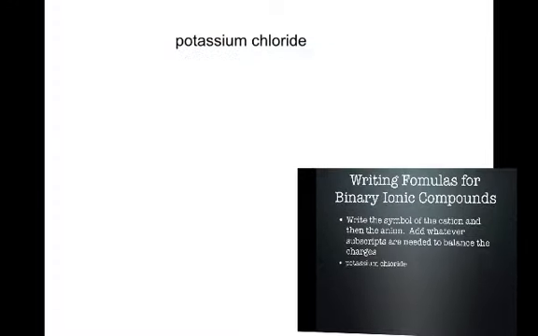If we have potassium chloride, we know that potassium, we can look it up, is K. And chloride is Cl. What we need to do is figure out the charge on each of these. Potassium is in group 1, so it's a +1. Chloride is in group 7, so it's a -1. You can see those two things are going to be balanced. There's one positive, one negative. So the formula is going to be KCl.